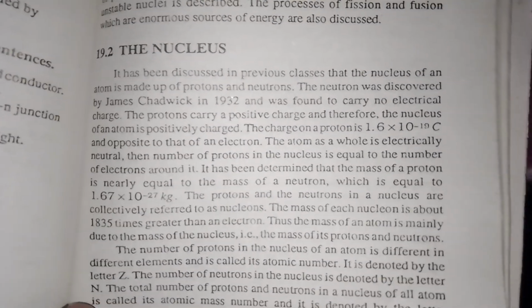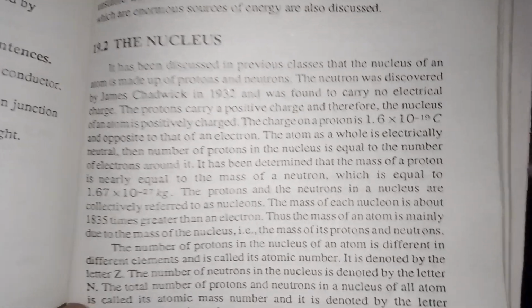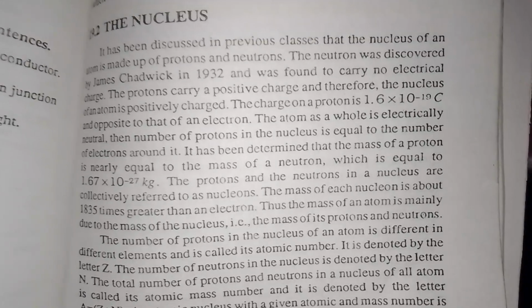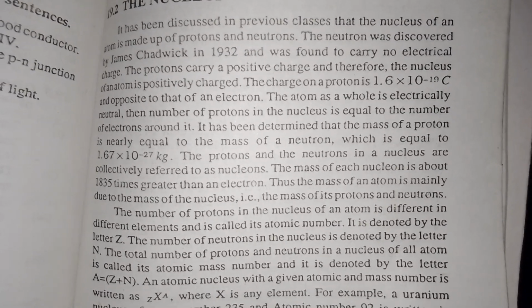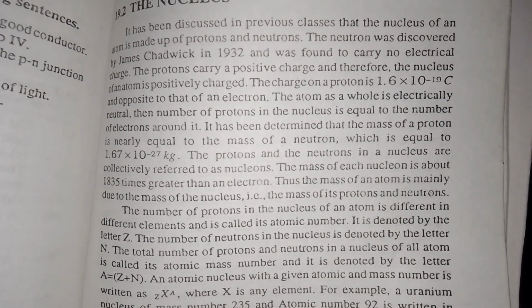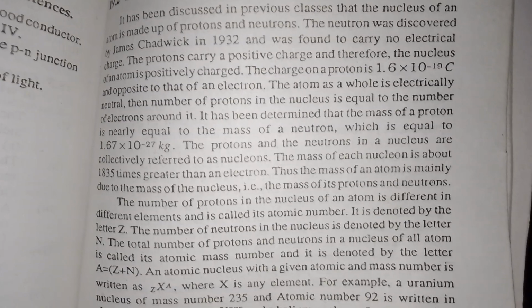The protons and the neutrons in a nucleus are collectively referred to as nucleons. The mass of each nucleon is about 1835 times greater than an electron.